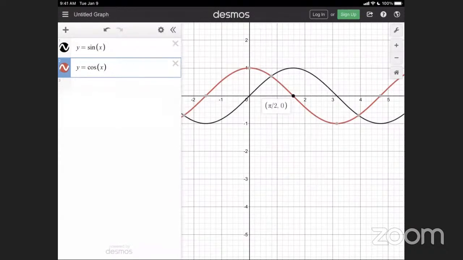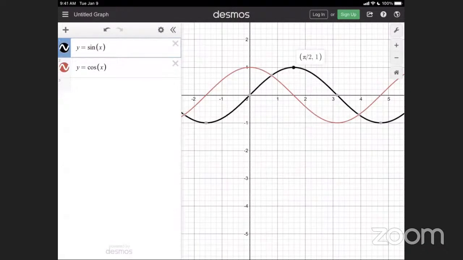No, it's 0. Look, can you see what I'm pointing to? That point is pi over 2 comma 1. The sine of pi over 2 is 1. Well, what's the cosine of pi over 2? It's 0.